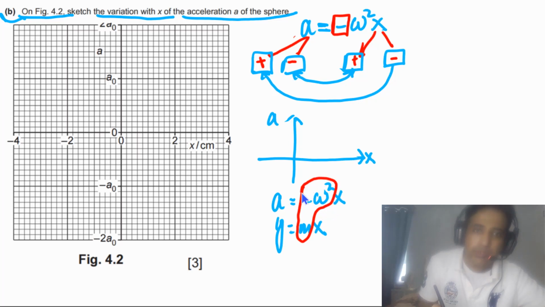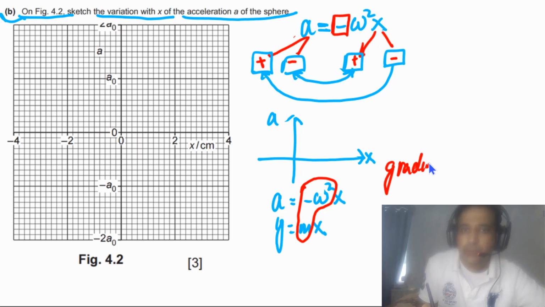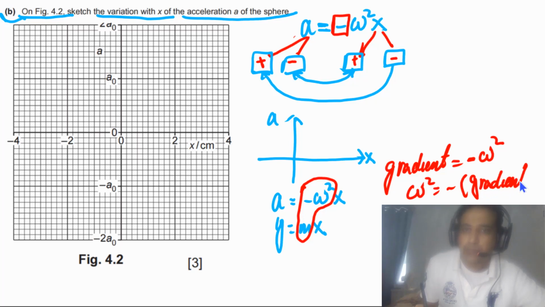So the gradient is equal to negative omega squared. From here we can say omega squared will be equal to the negative of the gradient of the a against x graph. So if you need to find omega squared, you can find the gradient and then multiply it by negative. Now let's try to sketch the graph.